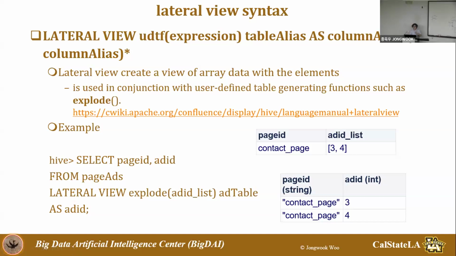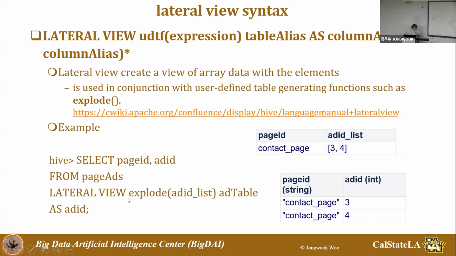So simply, you can call the page ID as a column that you want to keep, and then you can call an alias column name that is exploded from the ad ID list array. Okay? So again, if you just simply explode this column, you can do it, but you can only show the element as a record.